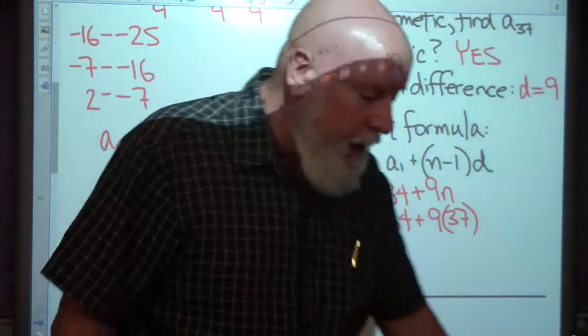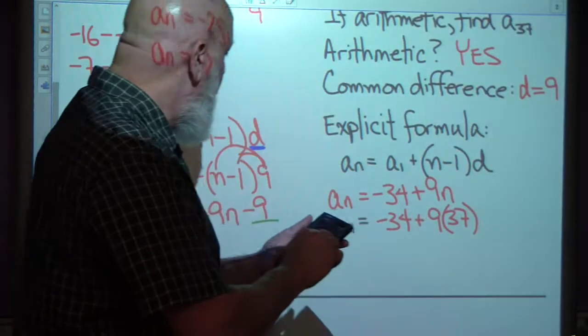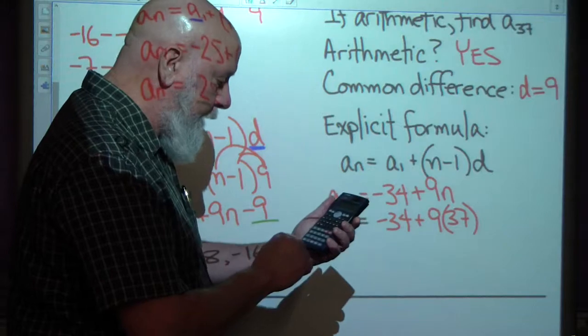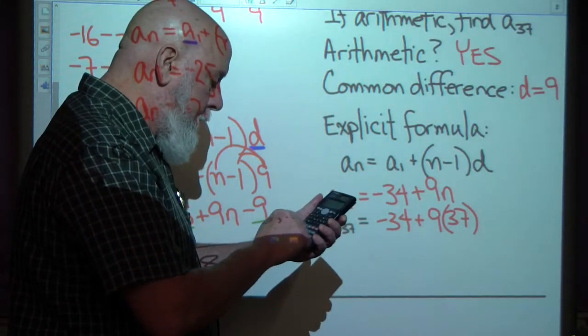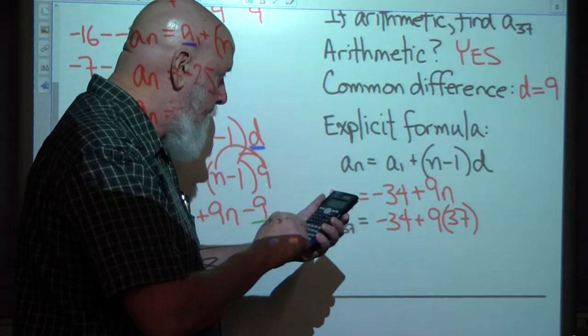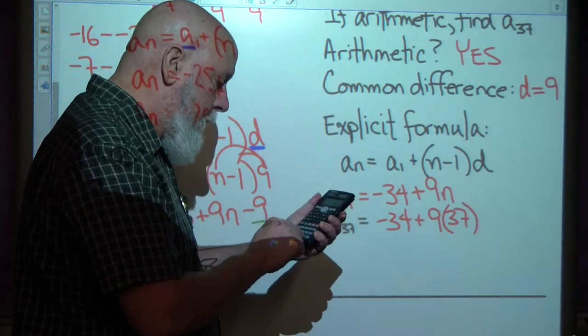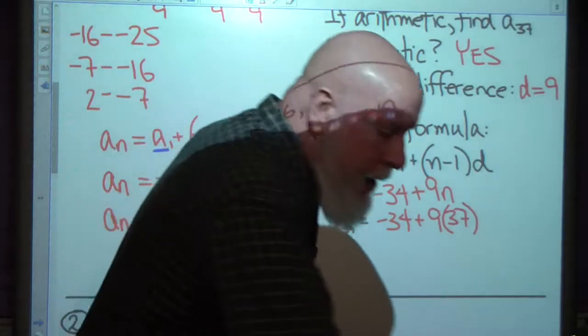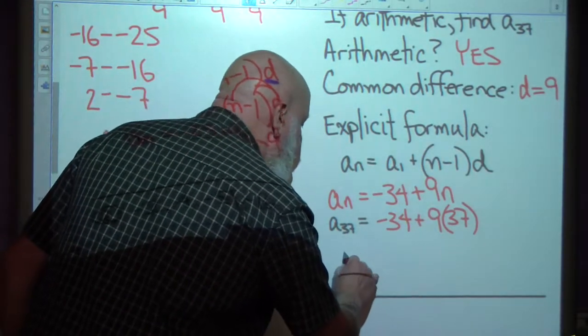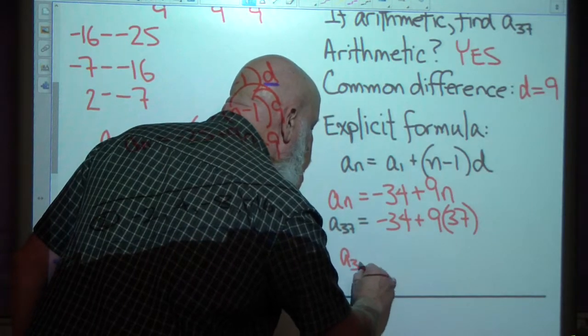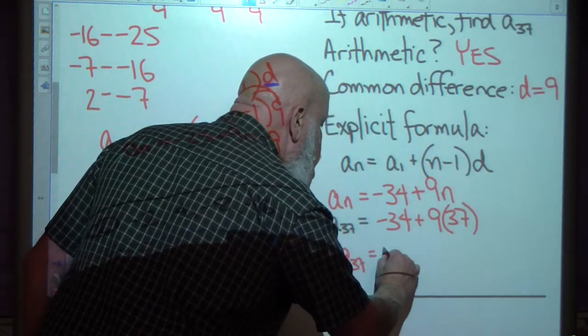I'll do that with a calculator, because I would probably mess up the arithmetic because it's early in the morning and I'm old. So we got 299. So the 37th term would be 299.